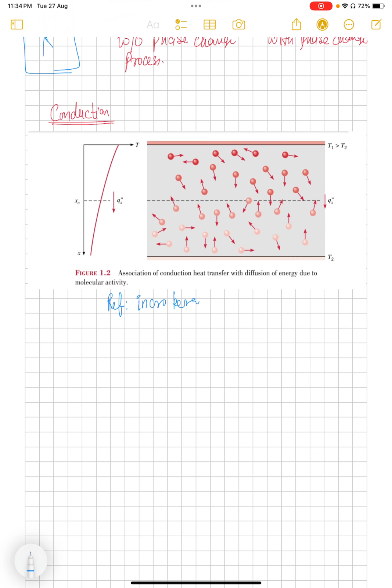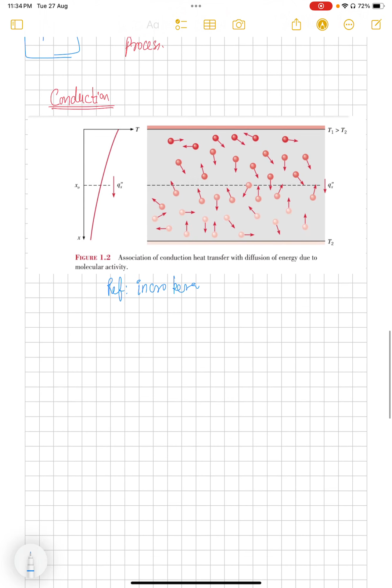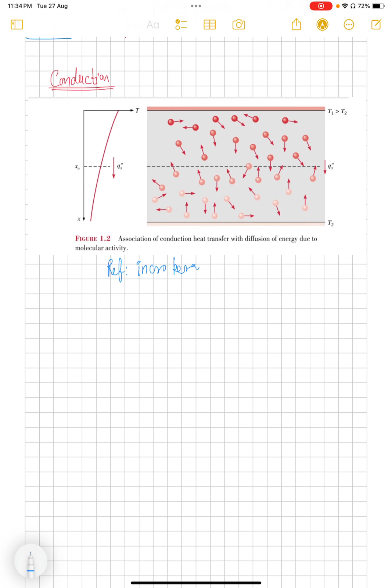If we look into the mechanism of conduction heat transfer, the mechanism is random motion of particles. Random motion is possible only for stationary gas.